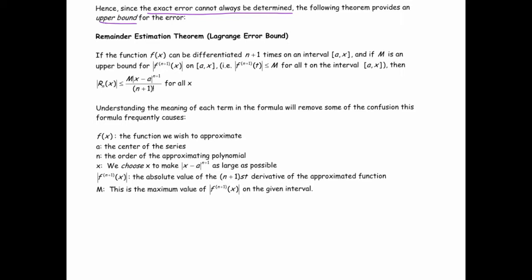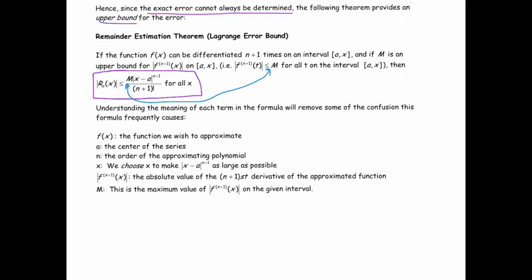Notice it looks similar to Taylor's theorem, except there's an inequality, and this M here is, if you look carefully, an upper bound for the n plus first derivative of our function on the interval that we're interested in.